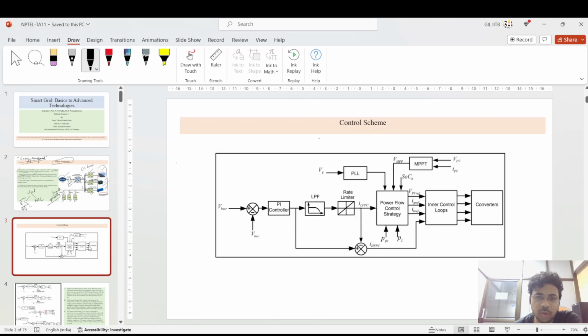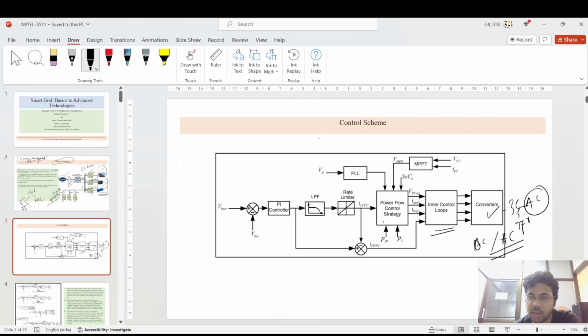Coming to the basic control system architecture, which is utilized for controlling this system architecture: for connecting with the AC system, you need a transformer in between, and after that a DC to AC converter, which has certain inner control loops.